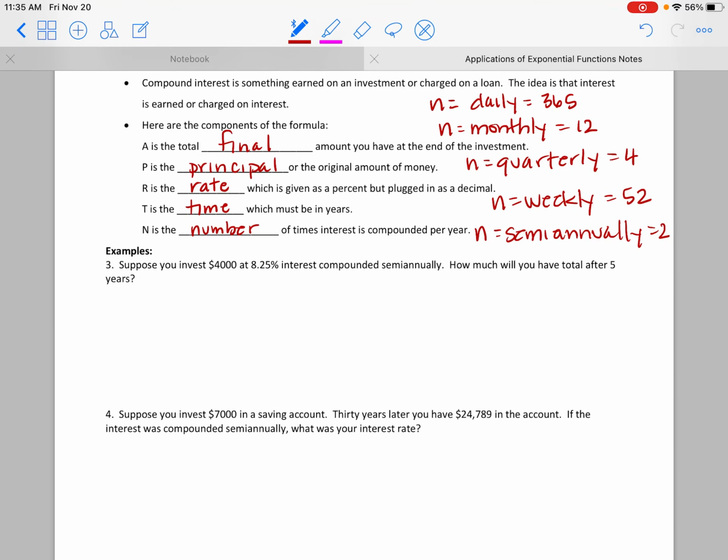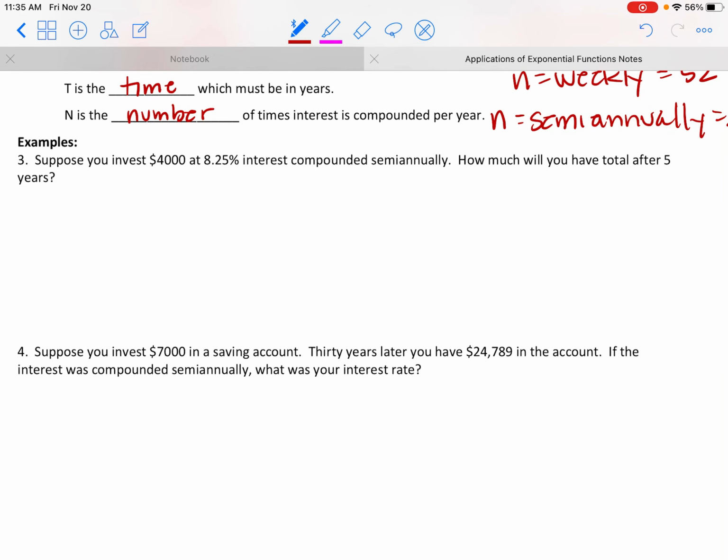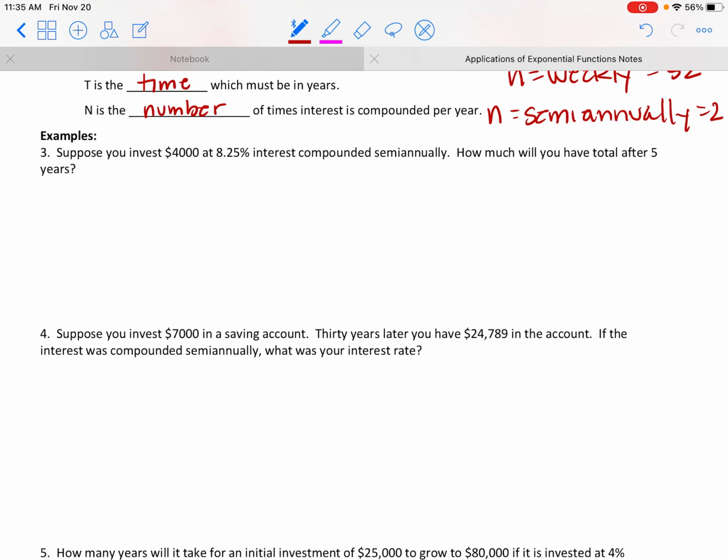So let's see. On example 3 here, it says, suppose you invest $4,000 at 8.25% interest compounded semi-annually. How much are you going to have total after 5 years? So we have an initial investment of $4,000. That means our principal is $4,000.